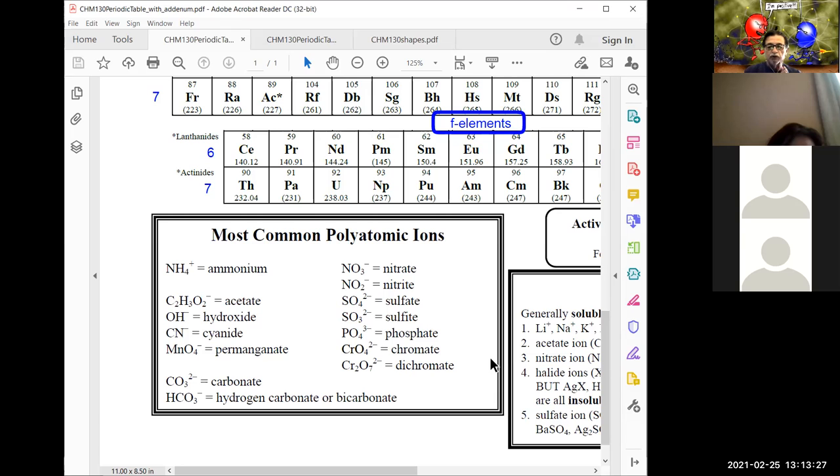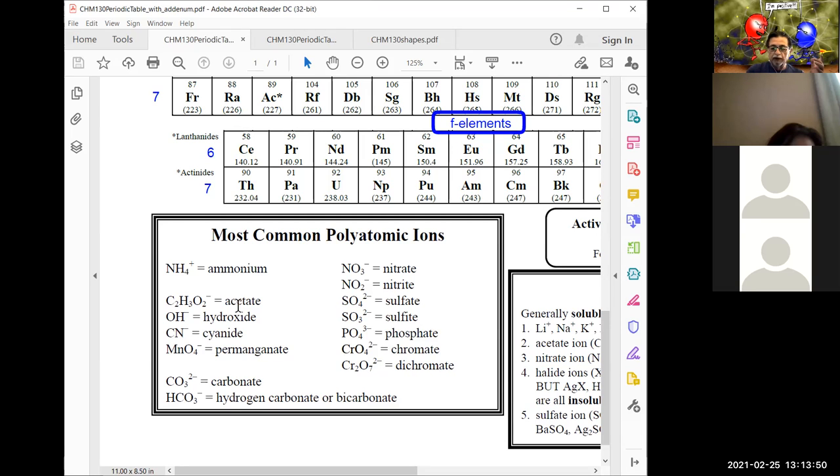Up to now, we've been talking about ions, positive and negative ions, cations and anions, as a single element. But there are ions out there that are polyatomic. They have more than one atom in them. They are a unit. They are not taken apart. That's important here.